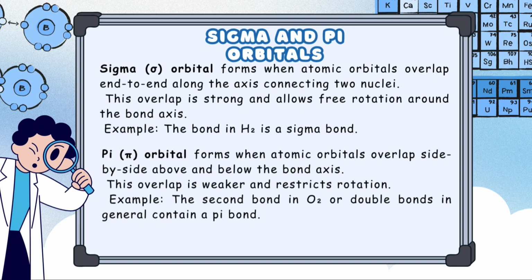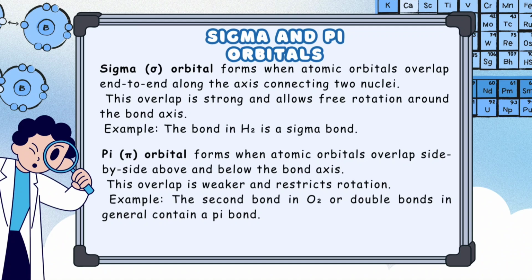Pi orbitals form when atomic orbitals overlap side by side, above and below the bond axis. This overlap is weaker and restricts rotation. An example is the second bond in O2, or double bonds in general, which contain a pi bond.